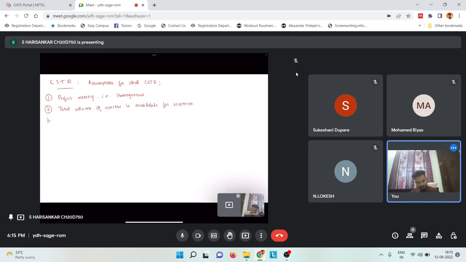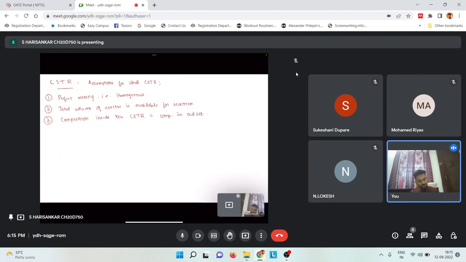The third one is the composition inside the CSTR is equal to the composition in the outlet. So let's see what this means.